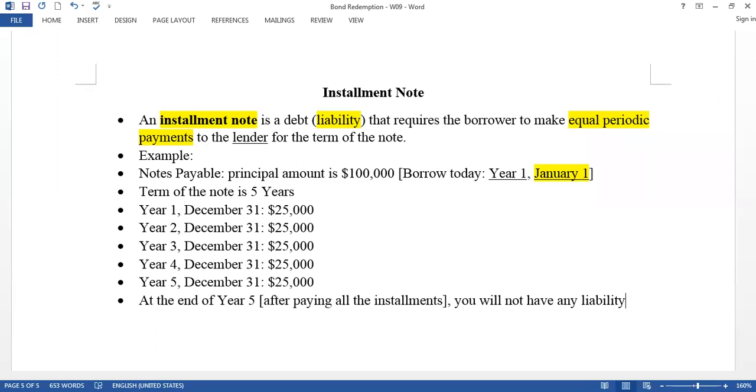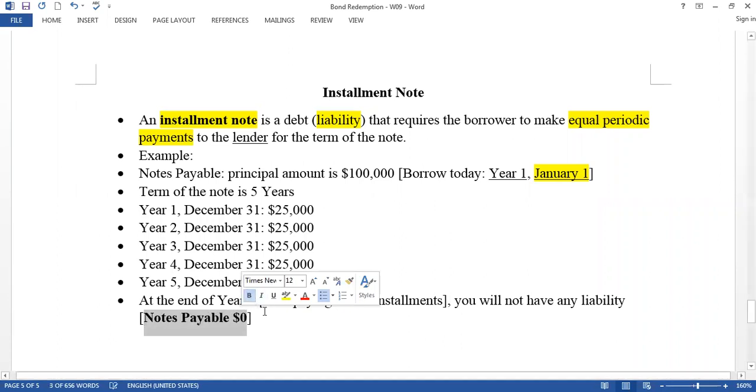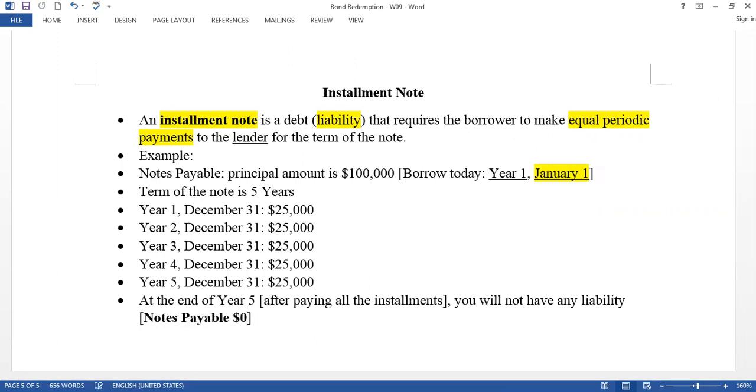So when you make your last payment, you will not have any liability. It means that notes payable is $0 at the end of year 5, and this is the beginning of year 1.